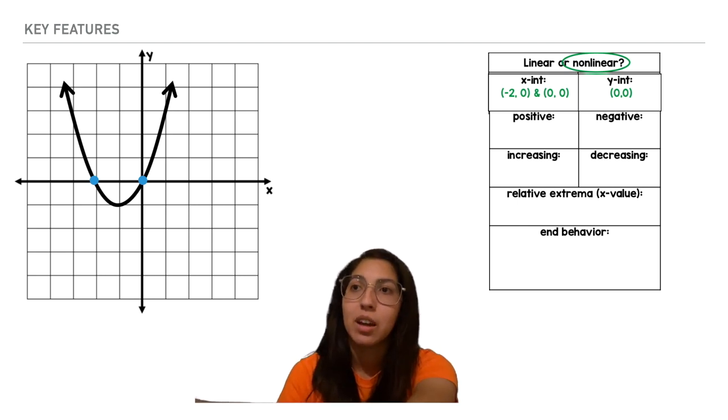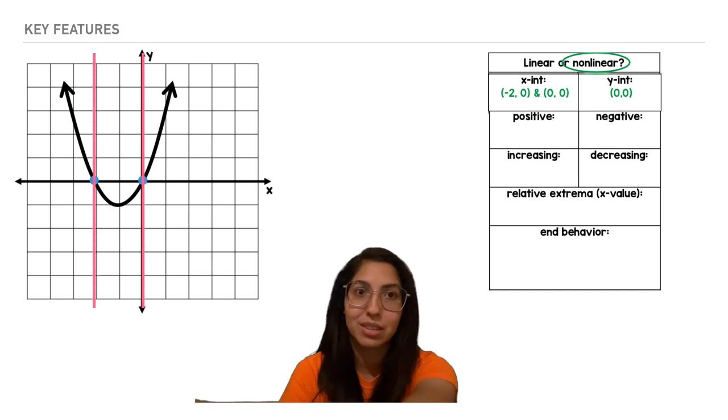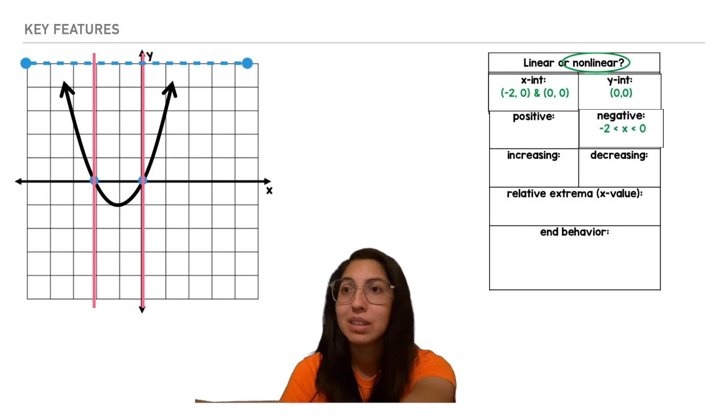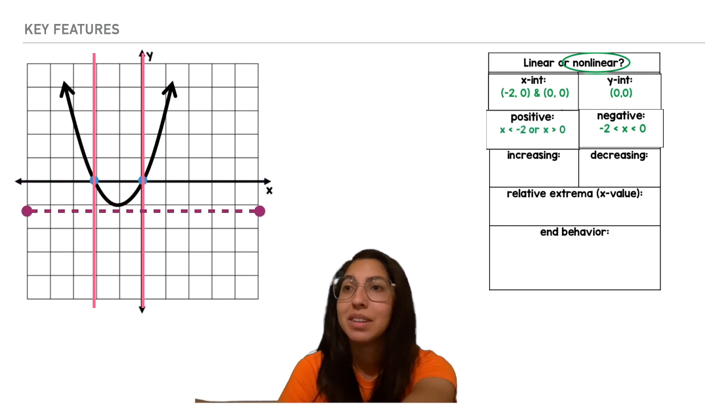So again, to figure out positive and negative, so where my y value is positive and where my y value is negative, we're going to draw a line through my x-intercepts. Scanning down, sorry.